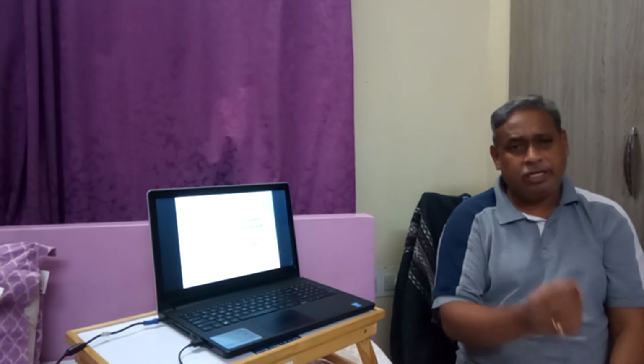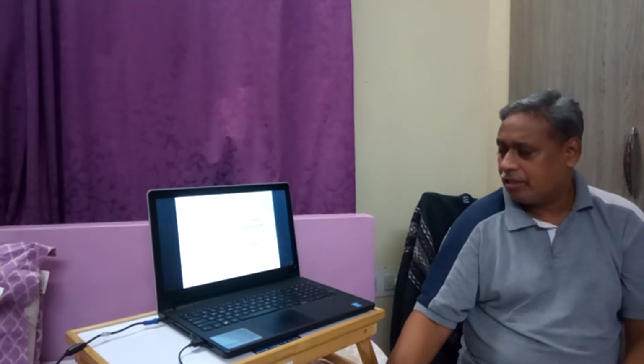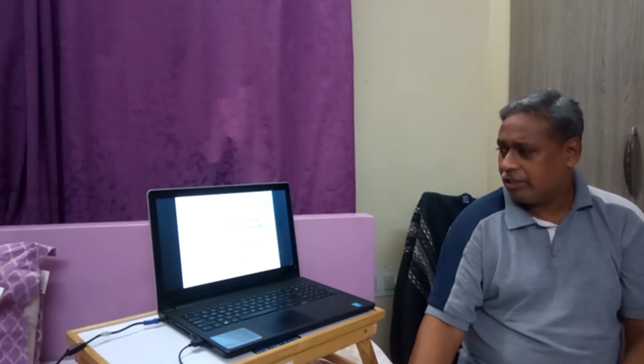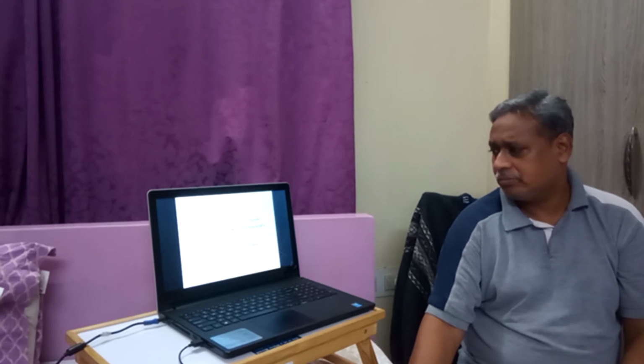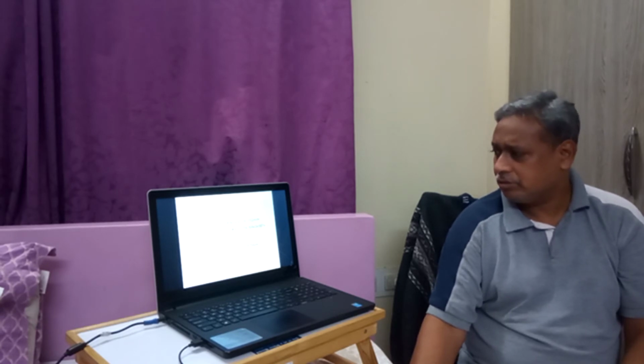It is a very small increase in length, 0.15 mm. For the second section, delta L2 is PL2 by A2E. Therefore, here the elongation is 0.318 mm.